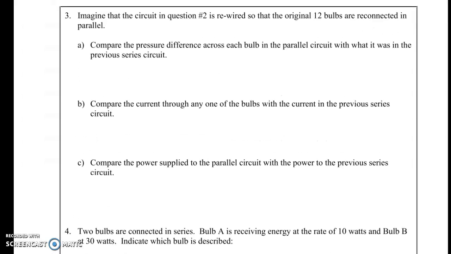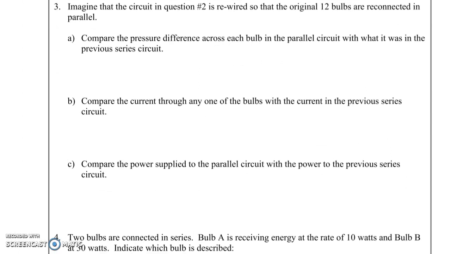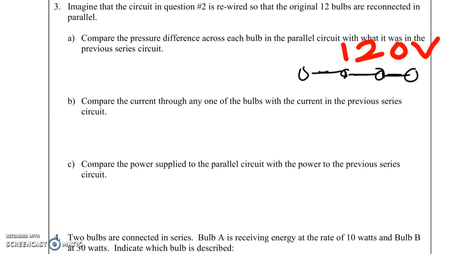Okay, now we're going to imagine that the circuit in question 2 is rewired so that those 12 bulbs are connected in parallel. When they were in series, right, so if they're in series like that, then we can have 120 volts across all of the bulbs.